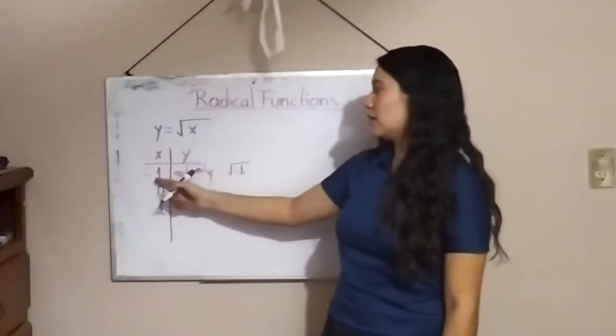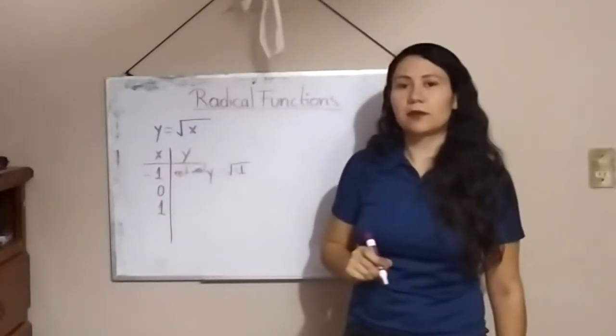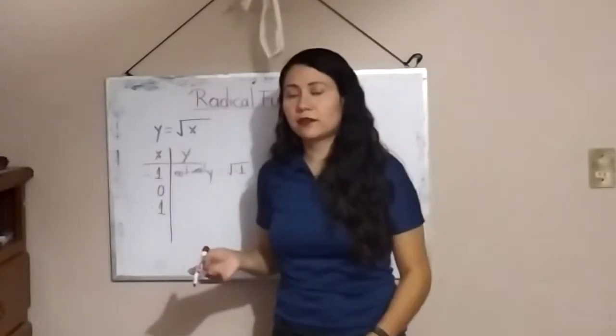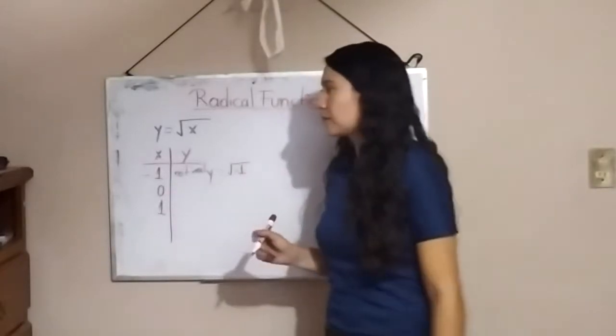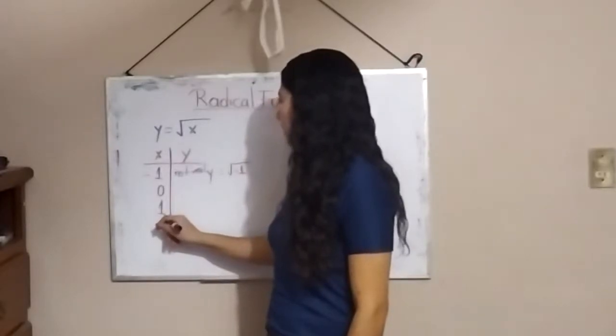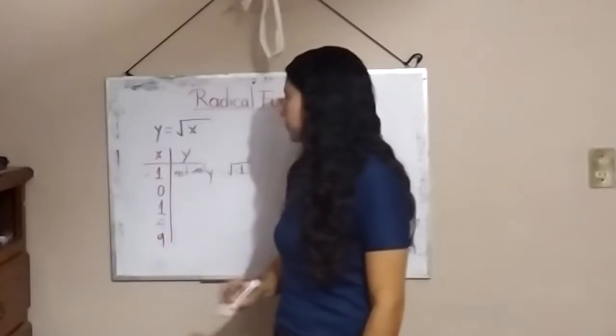Okay, so we cannot use negative numbers in this type of equation because we don't have any answer for the square root of a negative number. So we are going to add a 4 and a 9.